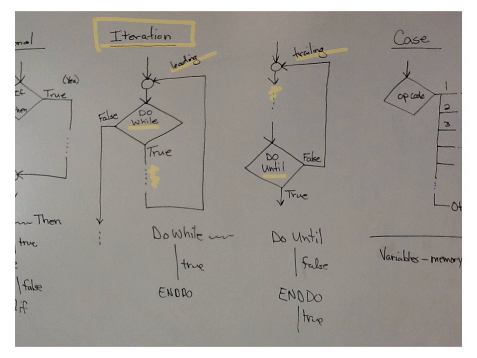Same thing here. You see the big difference, though, if we were to look at this more closely. Here, we use a do while, and if it's true, we're going to do the work. Here, we're going to do the work once for sure, and then we're going to say, are we done? If it's true, then we go on with the program. If it's not true, we're going to do the work again.